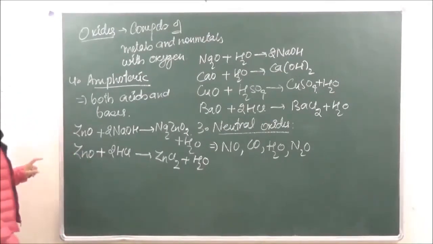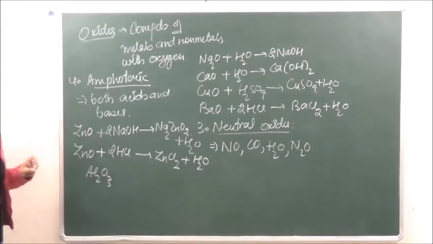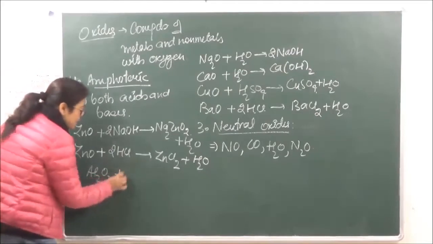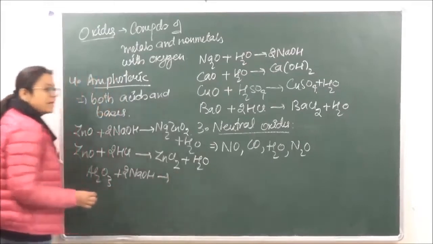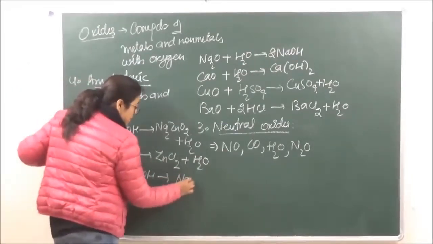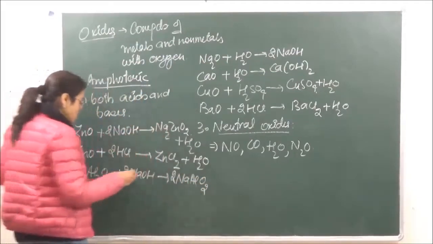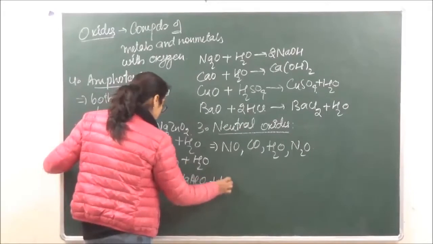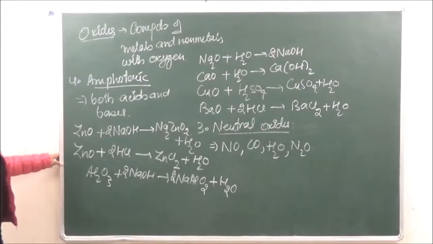Another example which we have is that of Al2O3, alumina. Alumina will react with NaOH to give us sodium aluminate, NaAlO2, and water. Let's balance the equation.